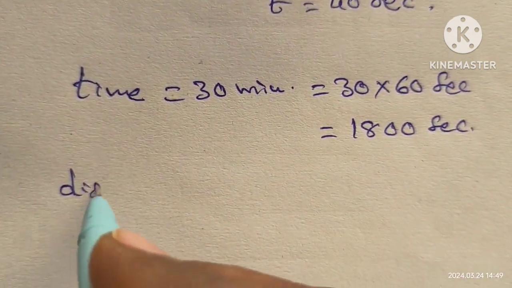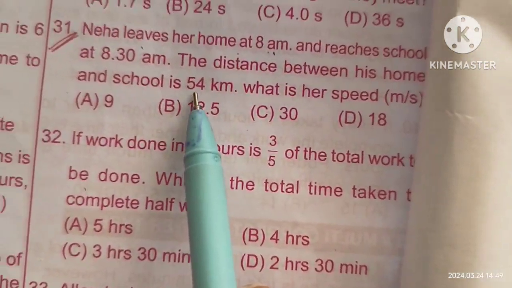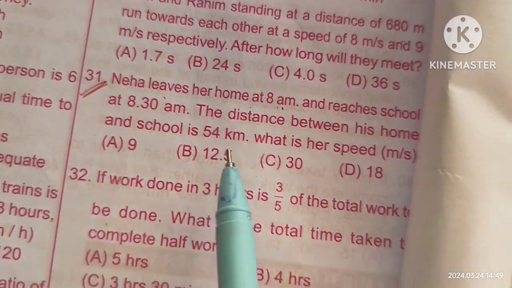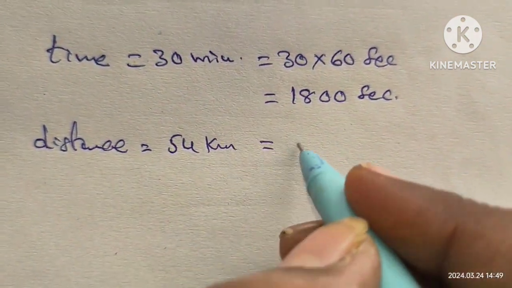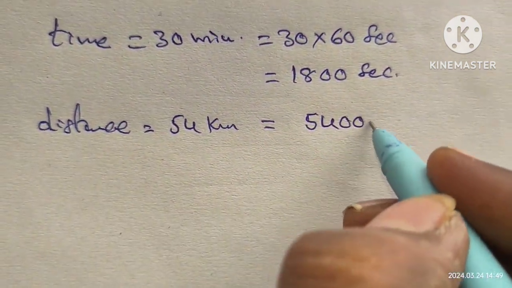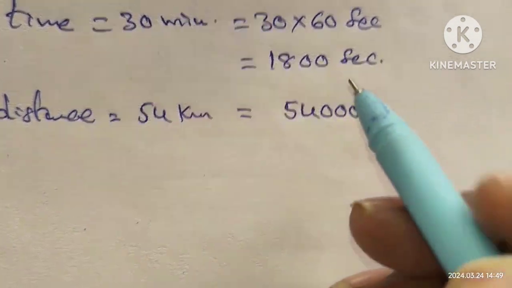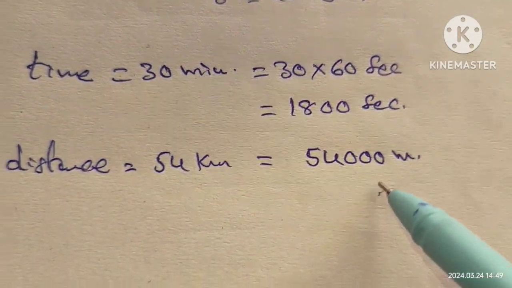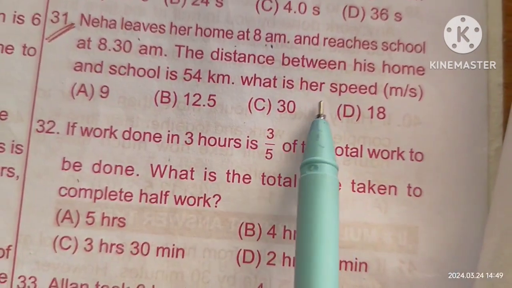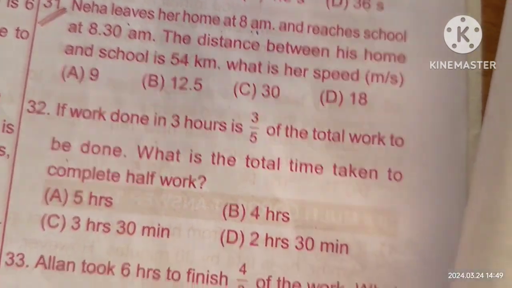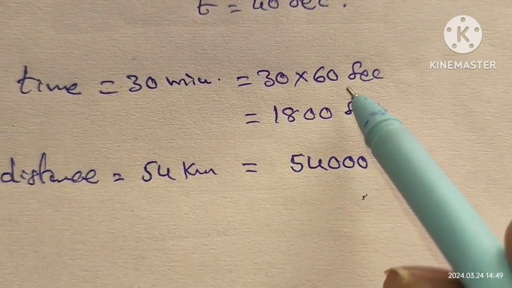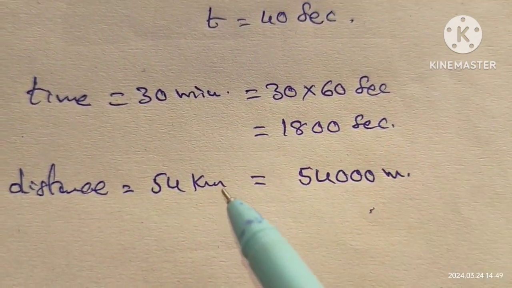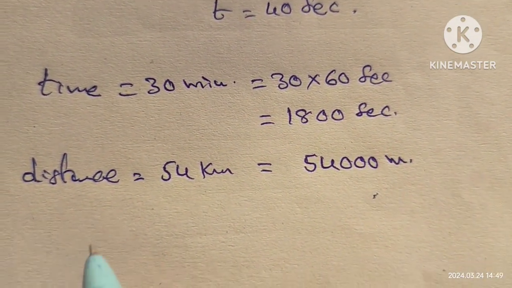And the distance, they said, is 54 kilometers. 54 kilometers means 54,000 meters. I am converting into meters and seconds because they asked for the speed in meters per second. So I converted the minutes into seconds and kilometers into meters.